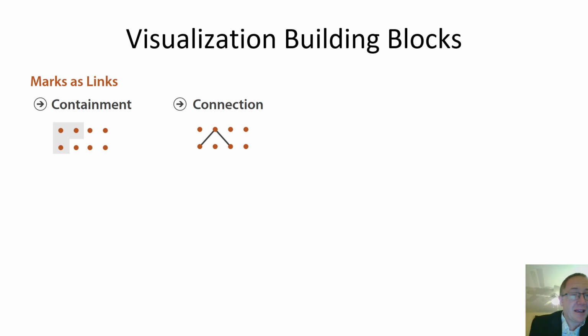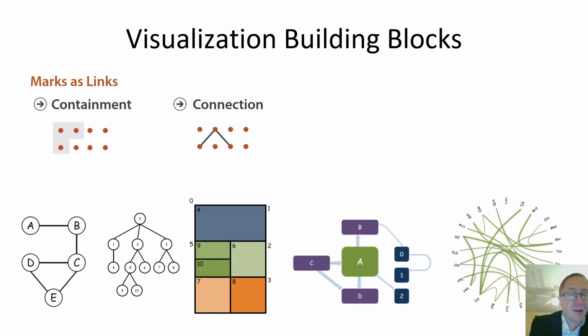Marks as links come in handy in all sorts of different places. So here is, what is this called? I always blank on this thing. Rubber band chart. I'm trying to remember what it's called. Or we can do a tree map. We can do a normal traditional hierarchical tree data structure. We can do a graph. We can do all sorts of things.